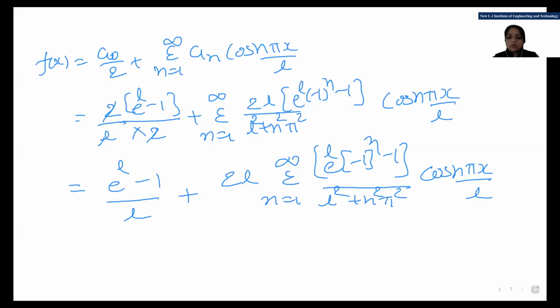So we'll move with one more example, that is for the half range series, but it is for the discontinuous function. Now we'll do one more example for sine half range series, but for the discontinuous function.